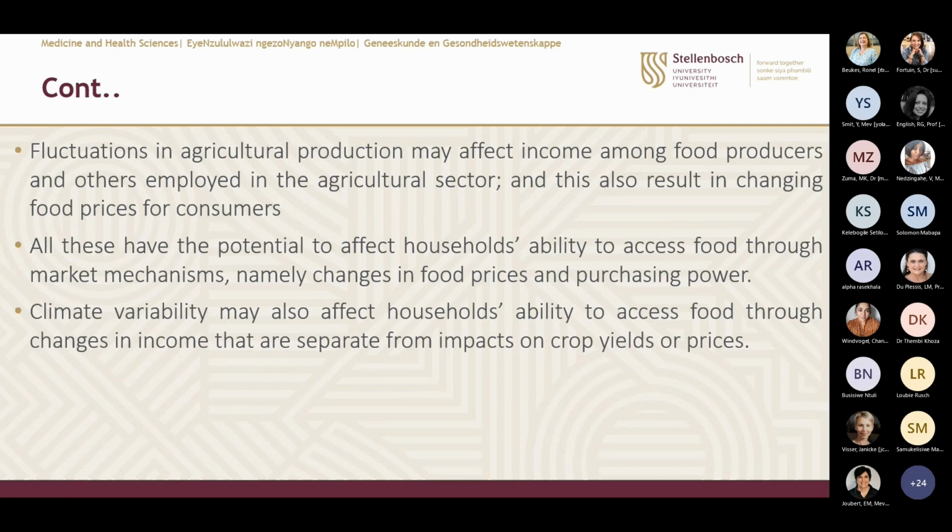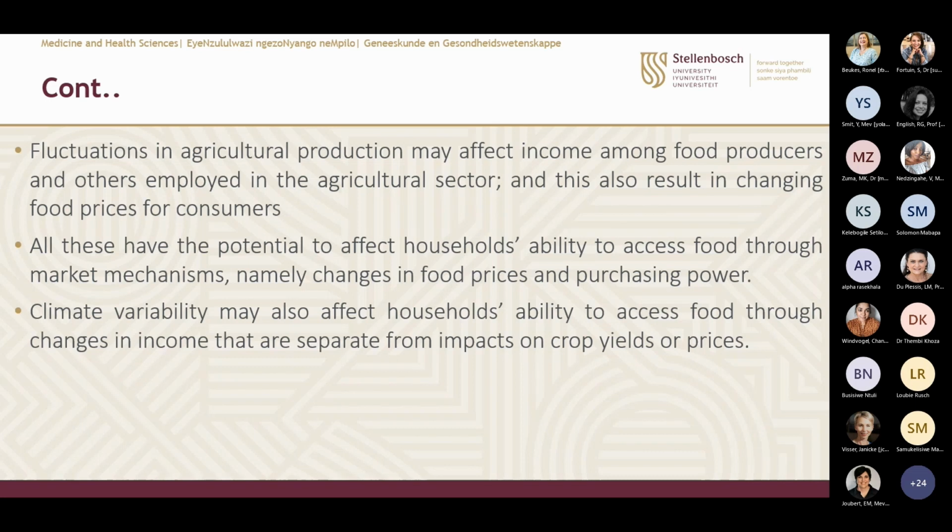The fluctuations that occur in agricultural production do affect the income among food producers, and not only them, but also those that are employed in their sector. And this results in changing food prices, which comes up many times in this presentation, because I think you can relate that even in South Africa we are going through all this increase in food prices.